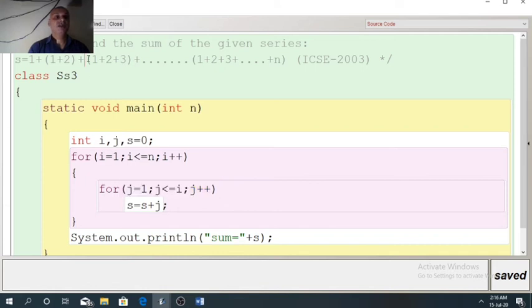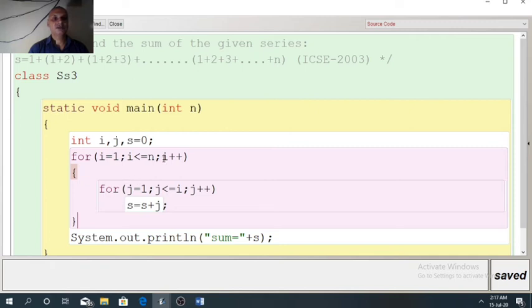These numbers are the same as the elements of the third term. So s equal to s plus j. The values of j, that is 1, 2 and 3, will get added to the previous value of s. The previous value of s was 4, by adding the first two terms. Now in 4, these 3 terms will get added: 1, 2, 3. That is 6. So 6 plus 4, we will get 10.